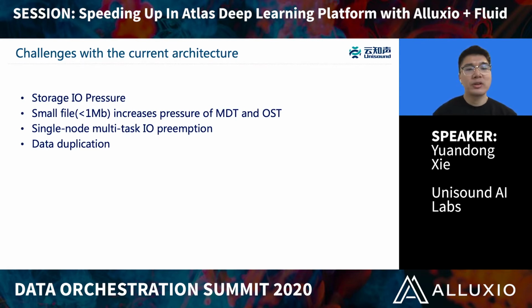However, Lustre architecture is not very good for small file I/O, especially lots of small files. Lustre needs to interact with the metadata service before reading and writing files to obtain relevant attributes and block allocation information.